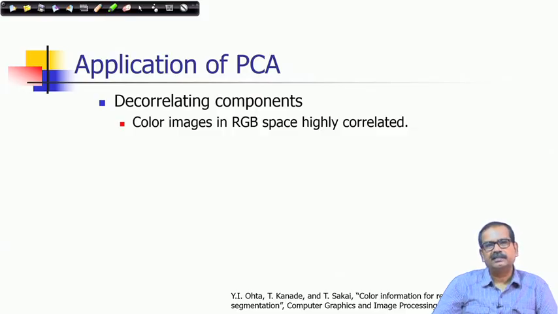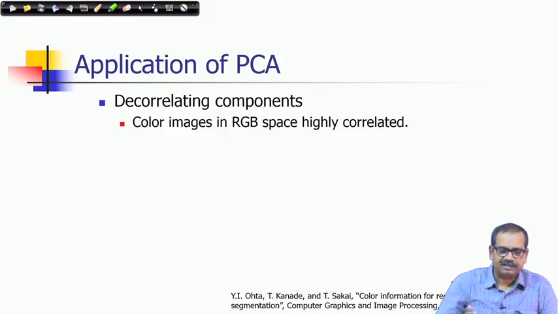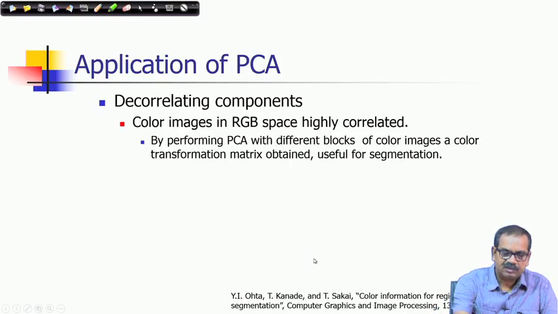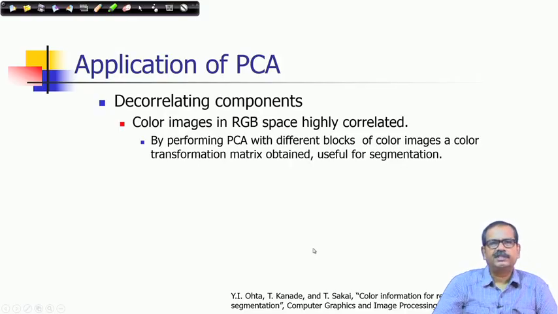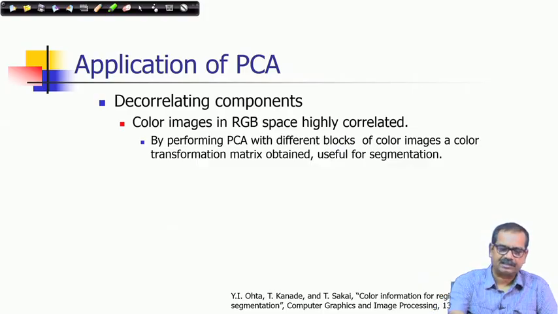They took a large number of color images and performed PCA using different blocks of those color images, and then found the eigenvalues and eigenvectors, and those eigenvectors give you the new transformation space.